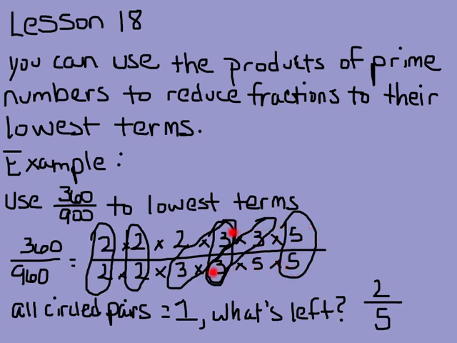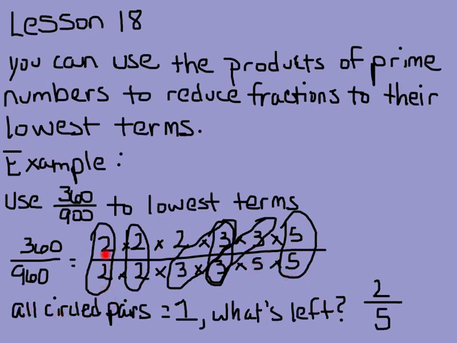So now we're going to take our next step, which is to circle or cross out every pair. So we've got a pair of 2's here, and then we've got a 2 left over. Then we've got a pair of 3's, a pair of 3's, a pair of 5's, and a 5 left over on the bottom.